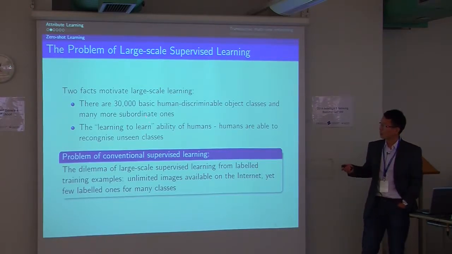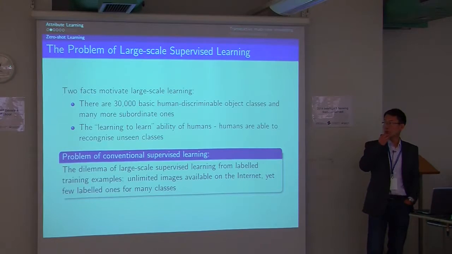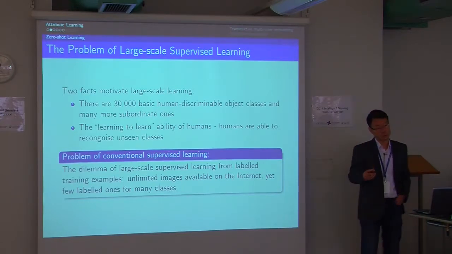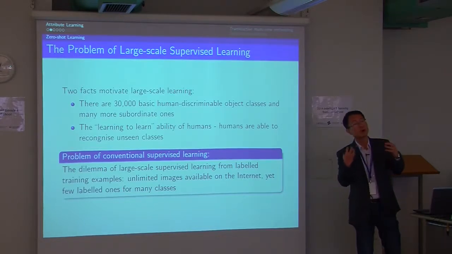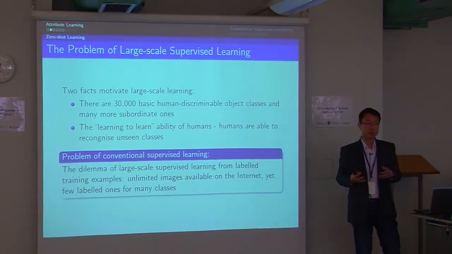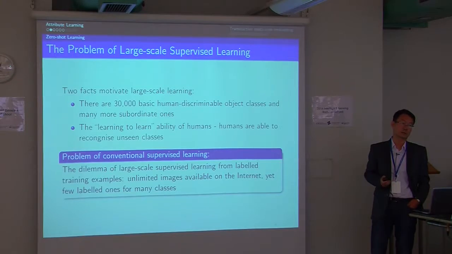And people can recognize many more subordinate ones. For example, people can recognize a Ford Focus. People can also recognize a Ford Focus with a sticker on the back saying "little princess on board." You can randomly combine different things together to generate new categories. So in fact, people can recognize much more than 30,000 categories.